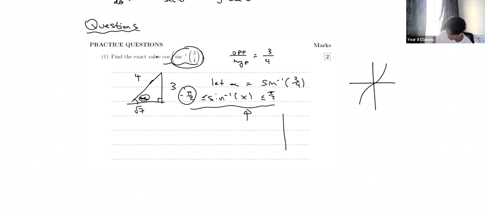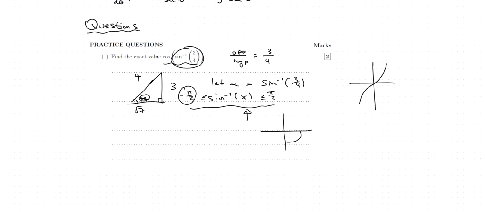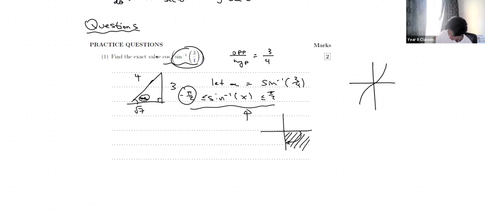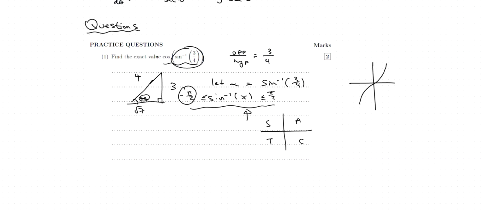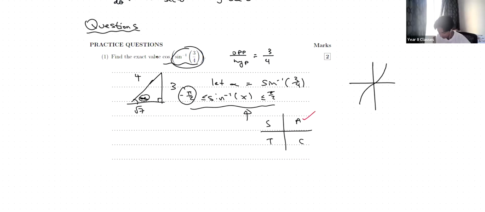So the minus pi on 2 is going to be from here going 90 degrees. So it'd be anywhere in here. Okay. So if you remember All Stations To Central, it's going to be either this one or this one. The reason we're doing that is because we're going to apply a cos, so we need to know which values to take.